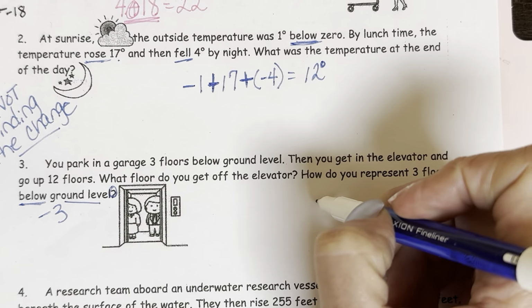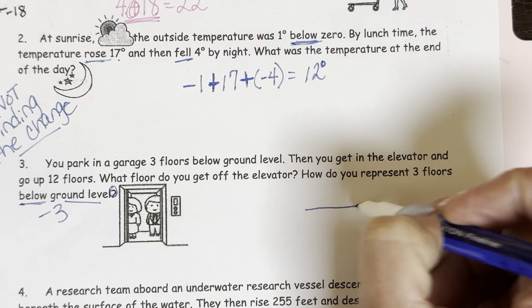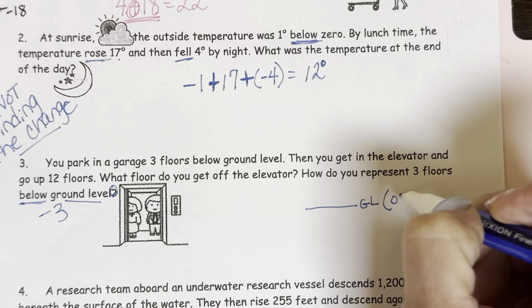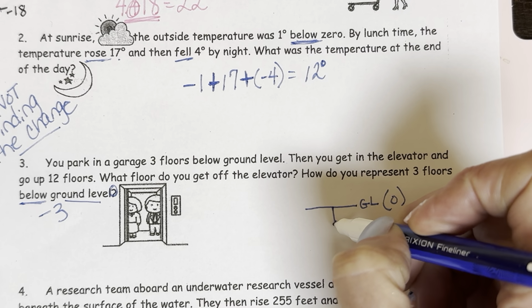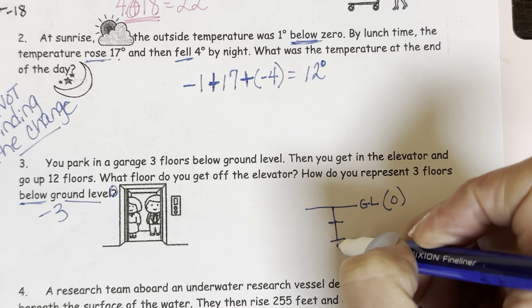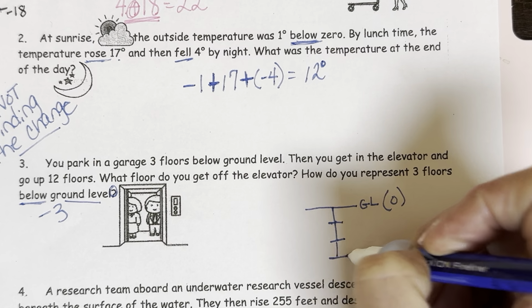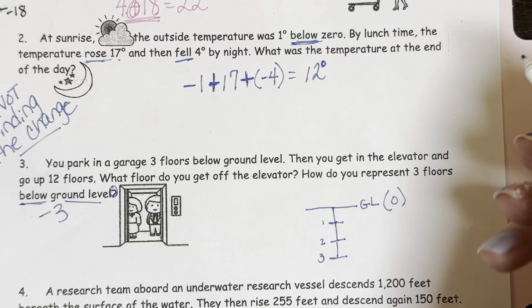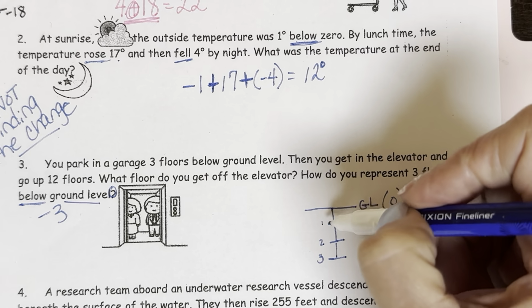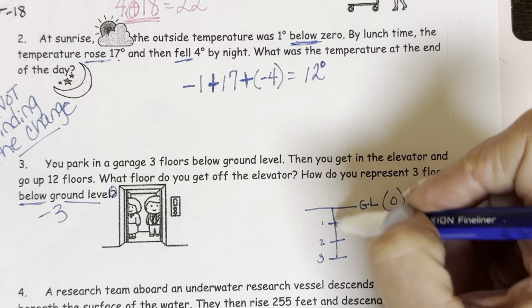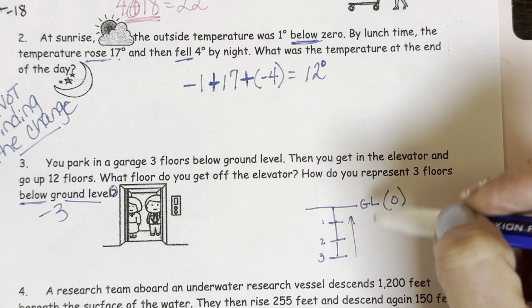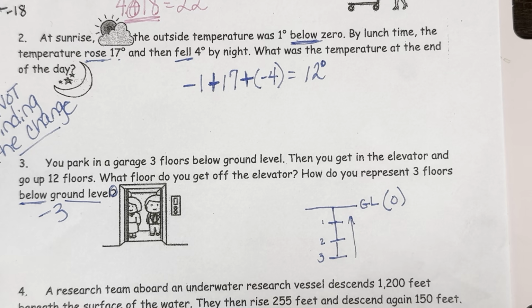So if you think about it like this, here's ground level, which is 0. We are going 1, 2, 3 floors below. We're 3 floors below ground level. We get on the elevator and we're gonna go up 12 floors. We're not going to the 12th floor. We're going up 12 floors.